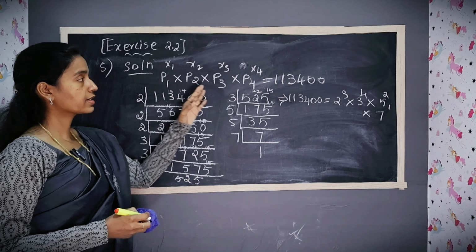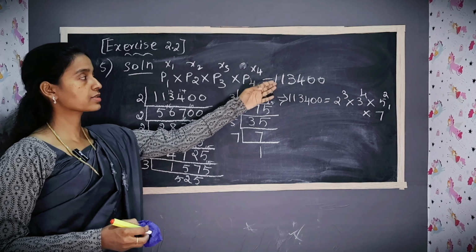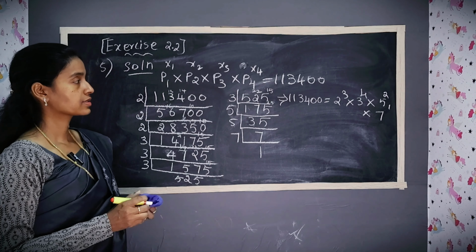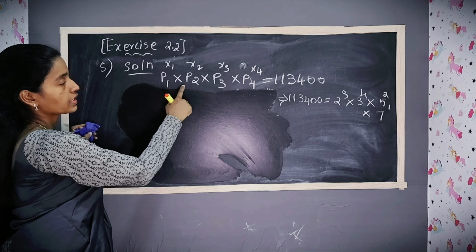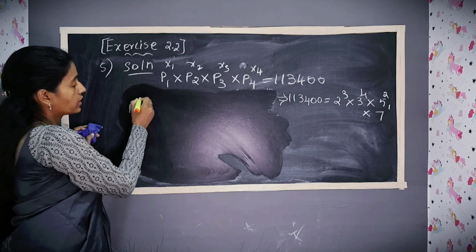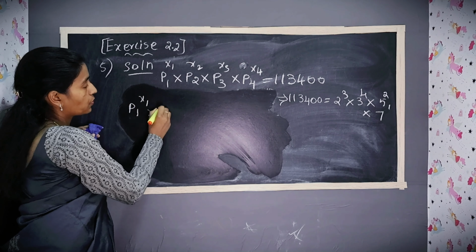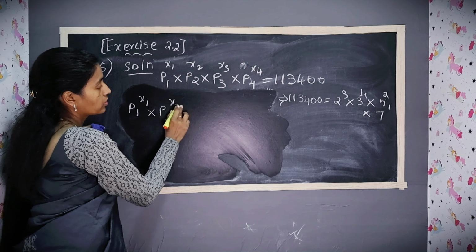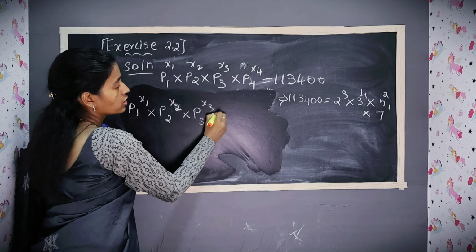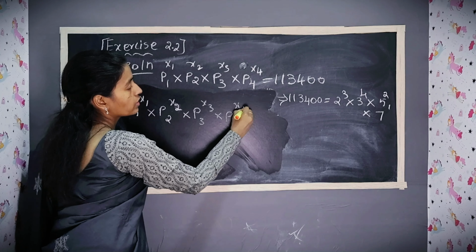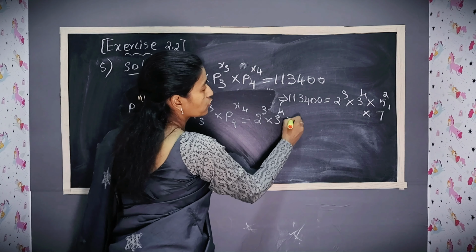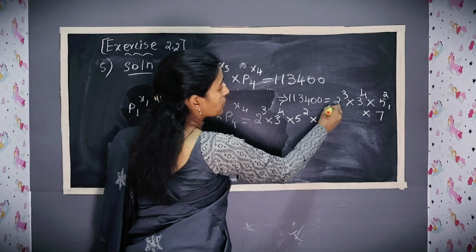Now we can write, already this is given in the question, this equals this, right? So I can write this equals this. How can I write this? I can compare both sides. I can write p1 power x1 into p2 power x2 into p3 power x3 into p4 power x4 equals 2 power 3 into 3 power 4 into 5 power 2 into 7 power 1.